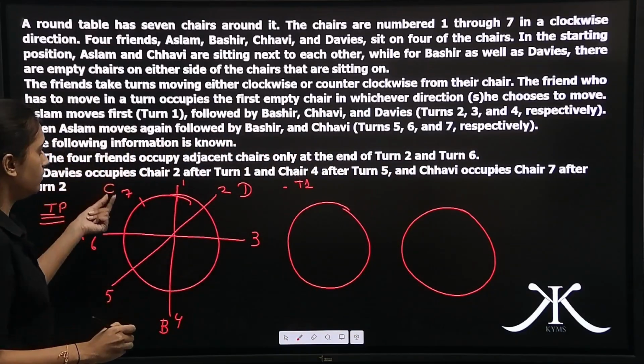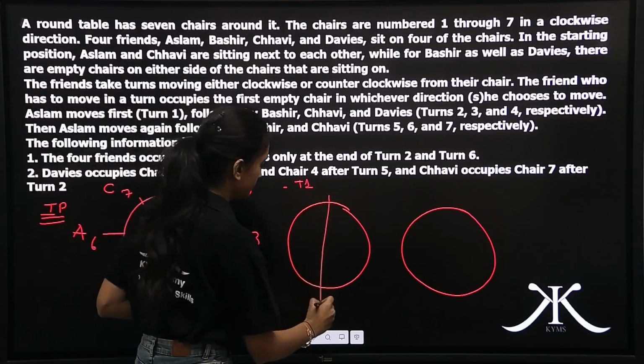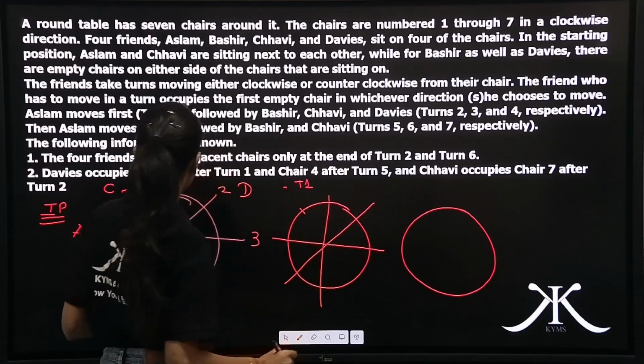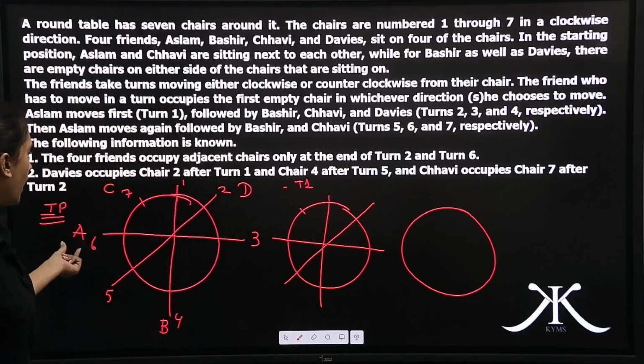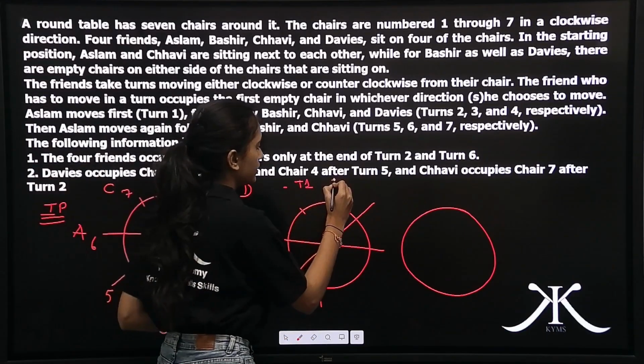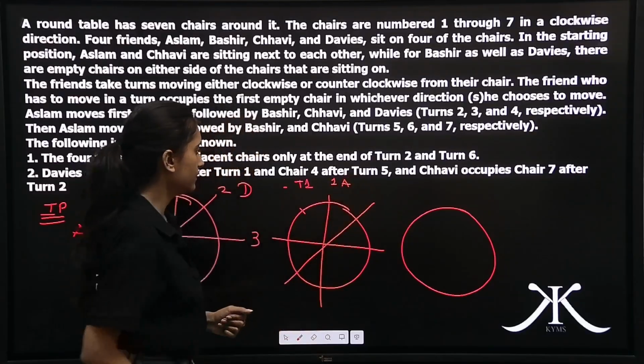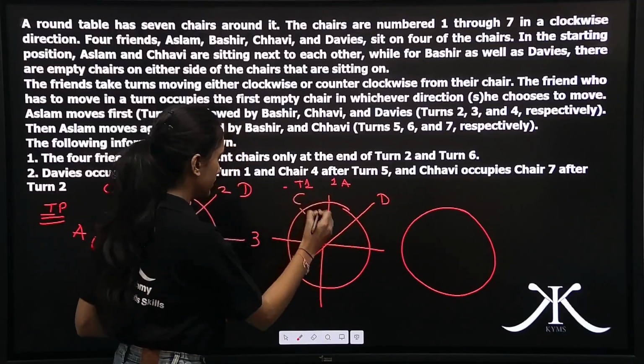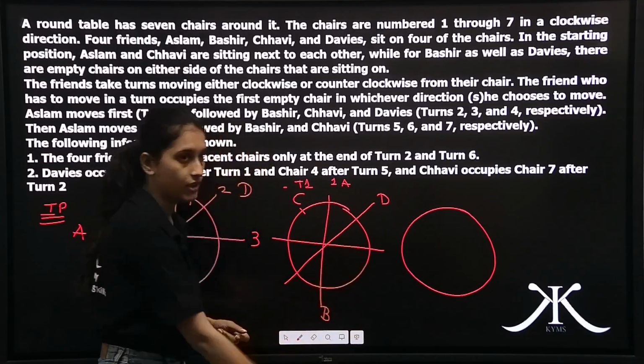Now, A will come to position 1. D will be sitting here, C is here, and B is here. Okay.